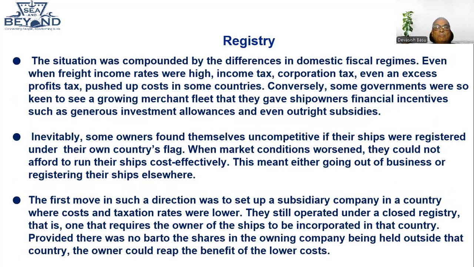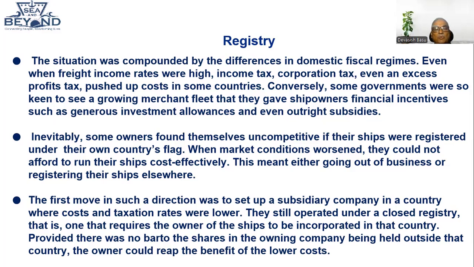So the situation was compounded by the differences in domestic fiscal regimes. Even when freight income rates were high, income tax, corporate tax, even an excess profit tax pushed up the cost in some countries. Conversely, some governments were so keen to see a growing merchant fleet that they gave shipowners financial incentives, such as generous investment allowances and even outright subsidies.